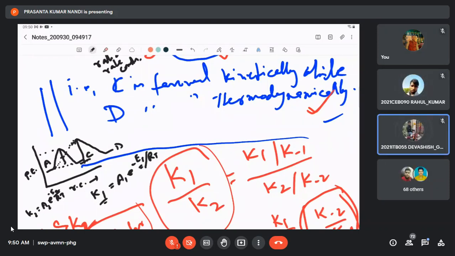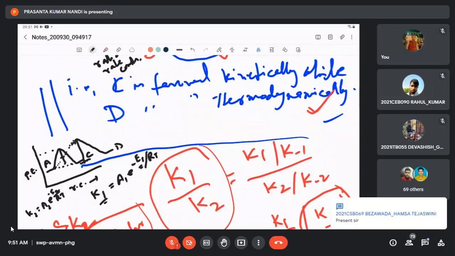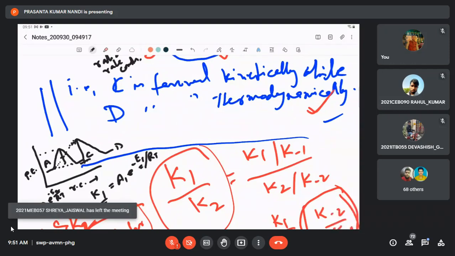Because if you use a suitable catalyst, then the activation energy barrier is normally reduced, right? And as a result of this lowering of activation energy, that reaction will progress to a greater extent. That means kinetically we can control it. The kinetically controlled product means it can be controlled externally, right?